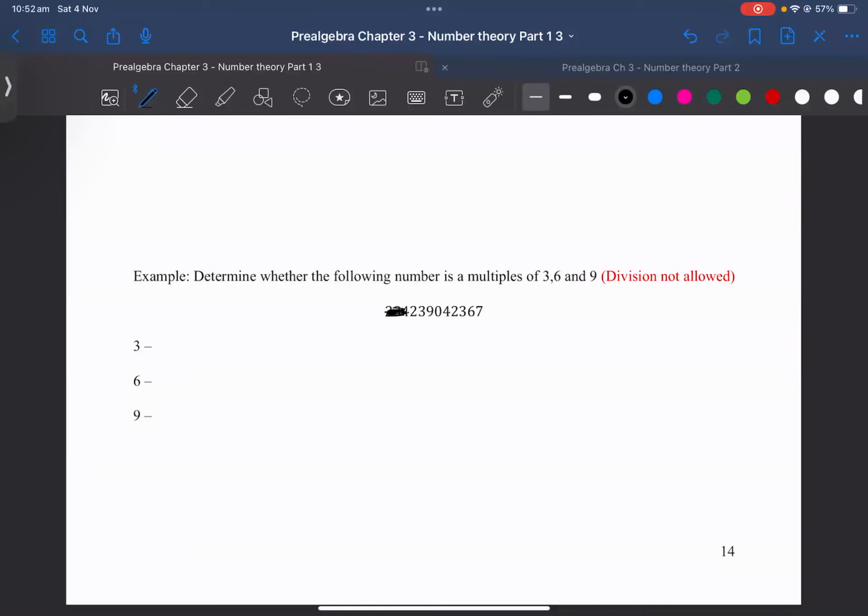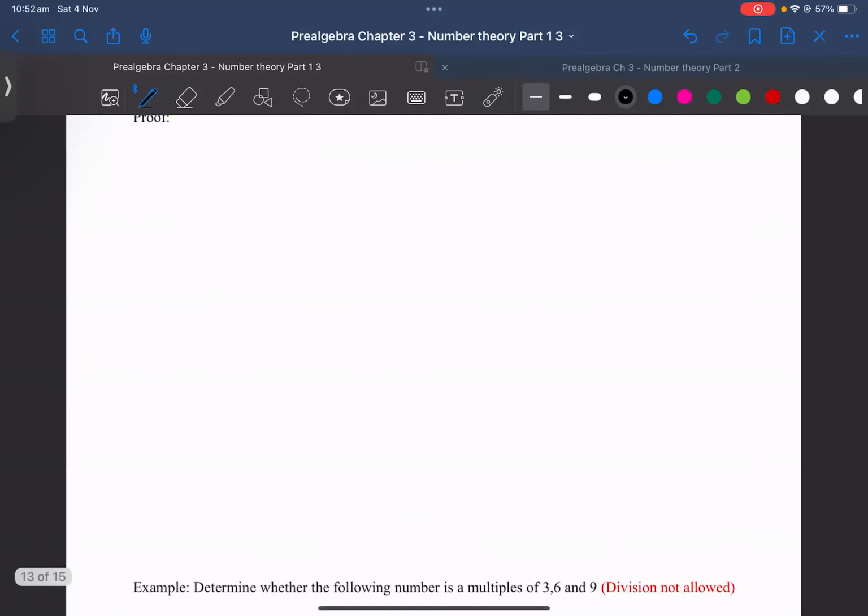And what do you think we should do first here? All the rules require digit sum, right? So we should probably do the digit sum.